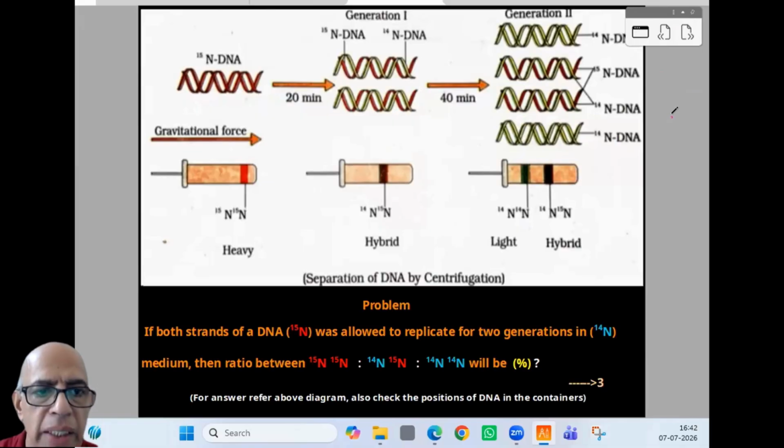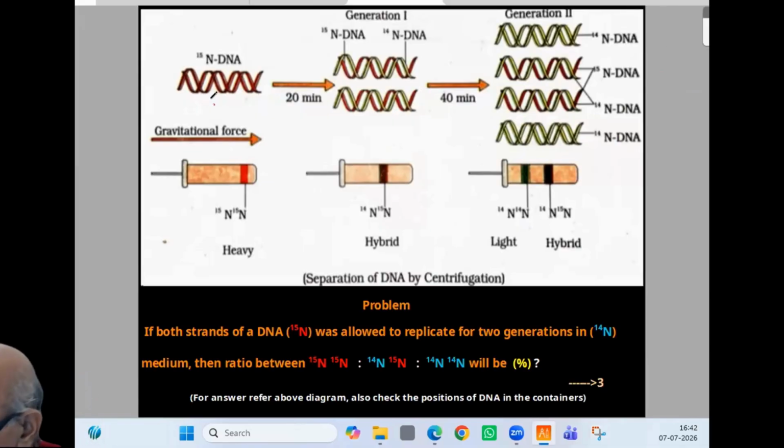Now the experimental setup. We can find heavy nitrogen on both strands, allowed to replicate in N14 medium for 20 minutes. So the two strands of DNA separate, one heavy DNA comes here, another heavy DNA comes here, into which new N14 DNA comes, because the medium is N14.